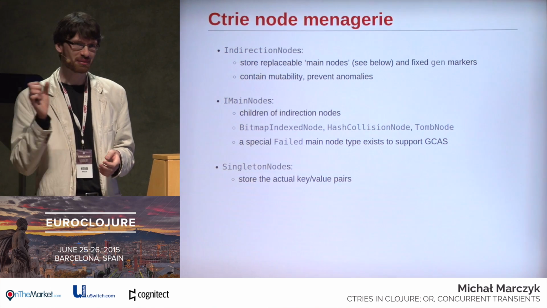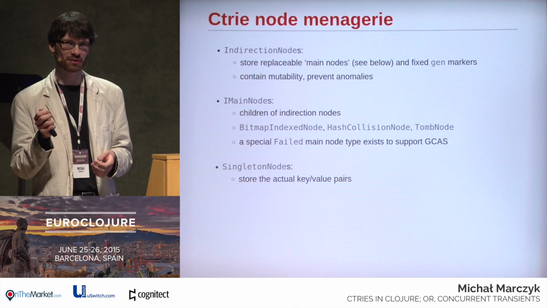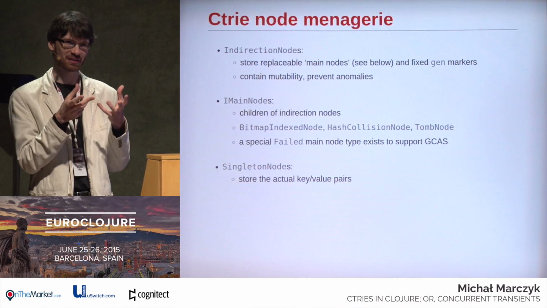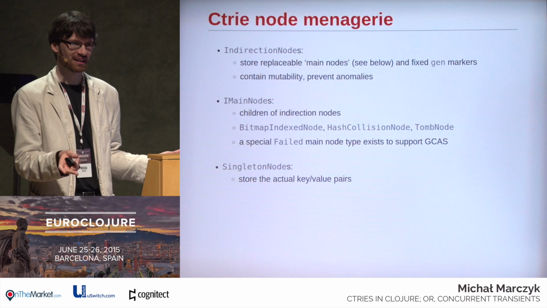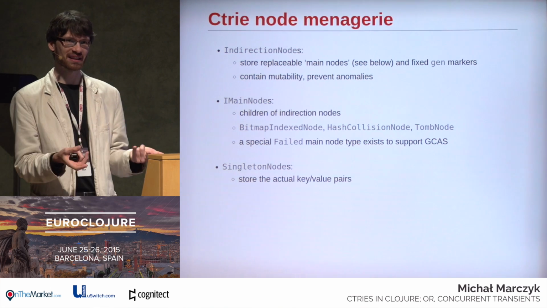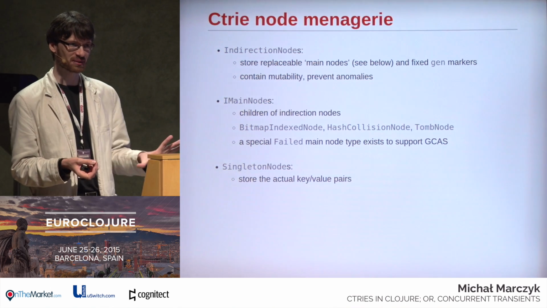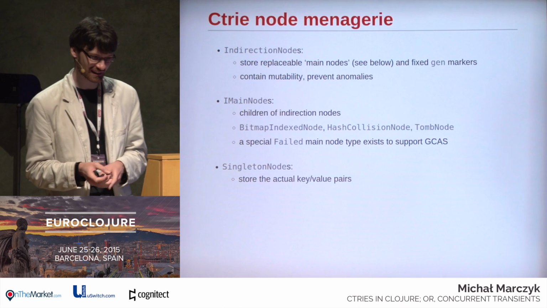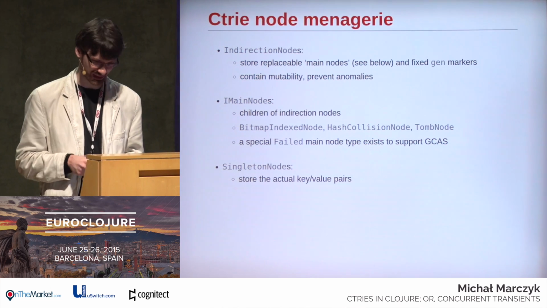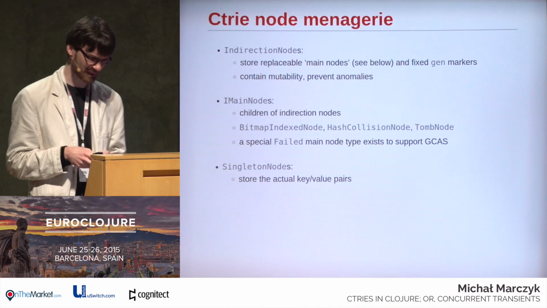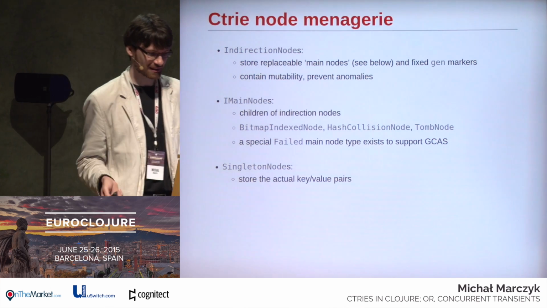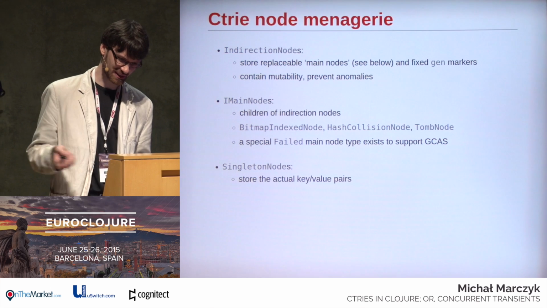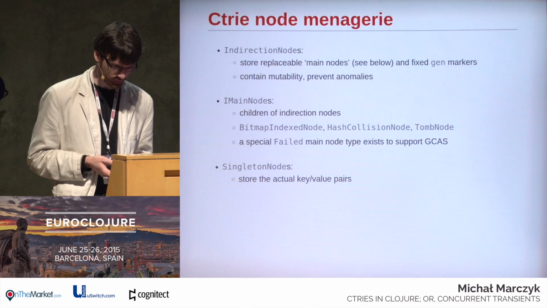Tomb node is a special node type used to ensure compactness of the tree in the presence of dissoc operations. So C-tries actually shrink when you remove keys. That turns out to be somewhat tricky. Tomb nodes are a facility that makes this possible. I won't be going into that particular detail. And then there's also something called fail, which I will describe in some detail later on.